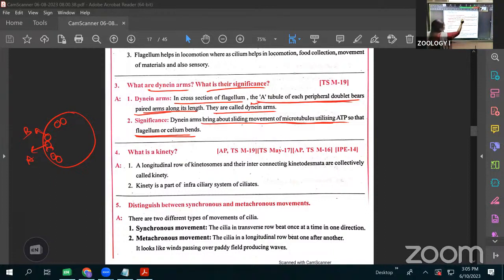That is called the dynein arms. They are helpful in the sliding movement of the microtubules and in bending the cilium and flagella.